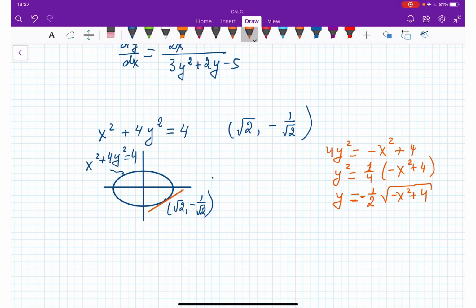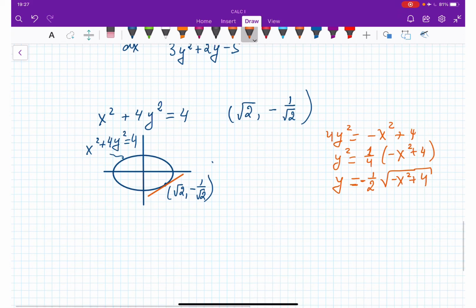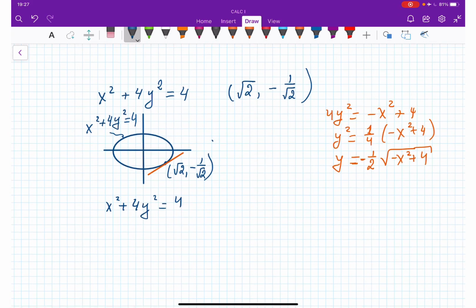implicitly the derivative of x squared plus 4y squared equals 4. If I take the derivative with respect to x, then the derivative of x squared is going to be 2x, right?